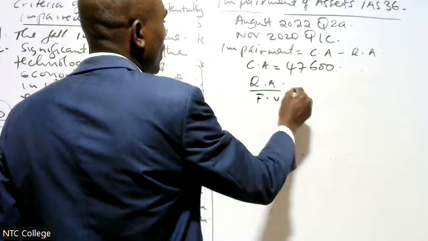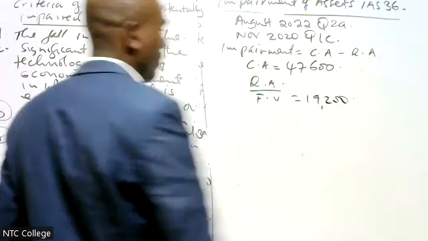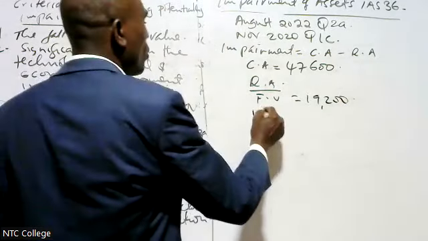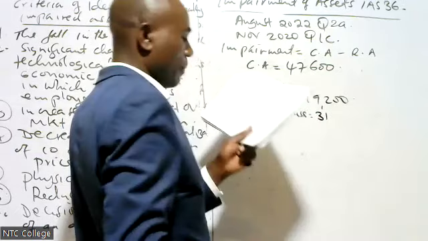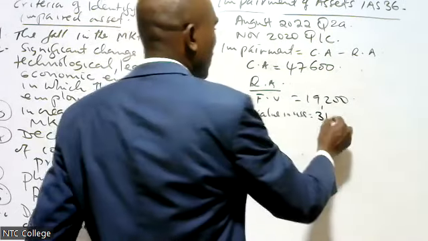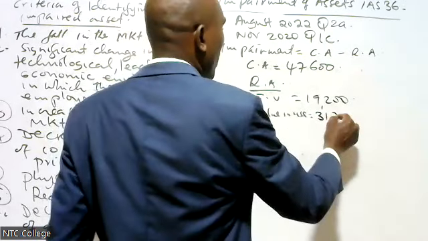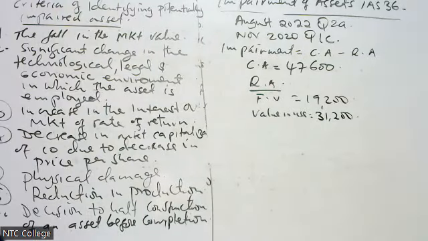If I want to sell this asset, I can sell it at 19,200. Then value in use, or the present value, the examiner is giving me 1,200.